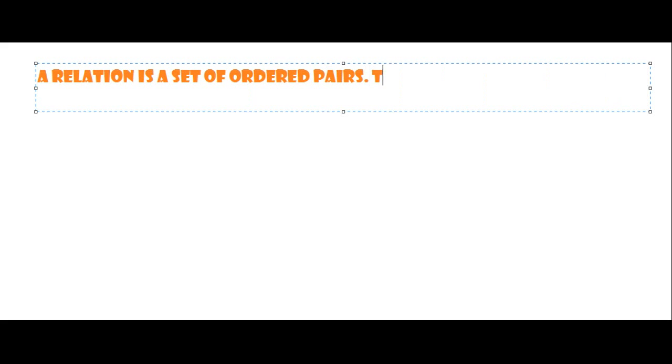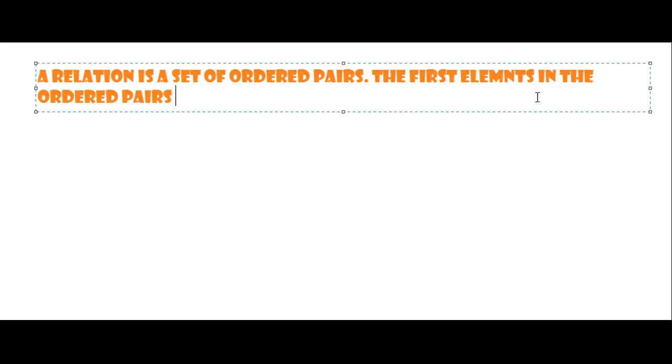The first elements in the ordered pairs, the x values, form the domain. So we learn here what is domain.